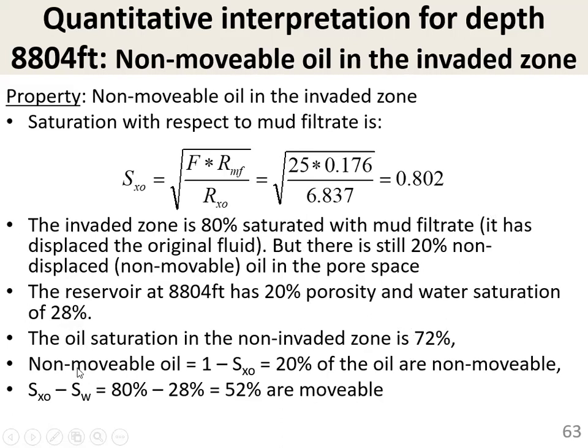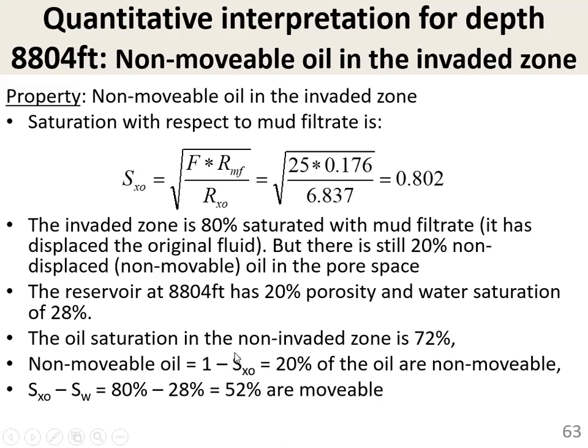So the non-movable oil is gotten as 1 minus the flush zone saturation, which was obtained here. So this value is still this value here.